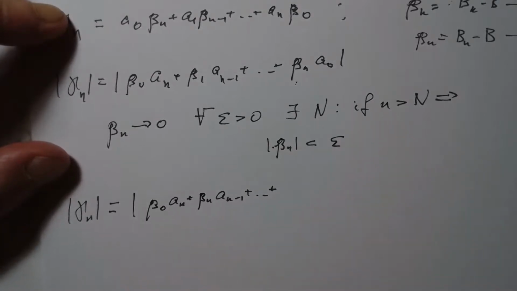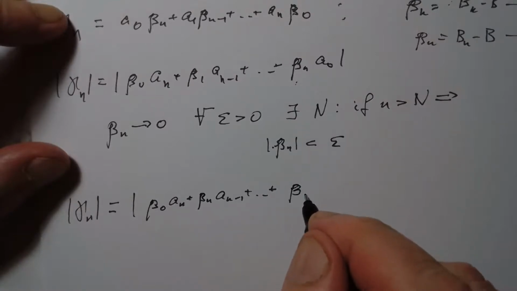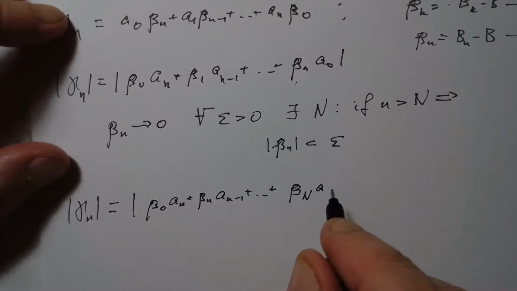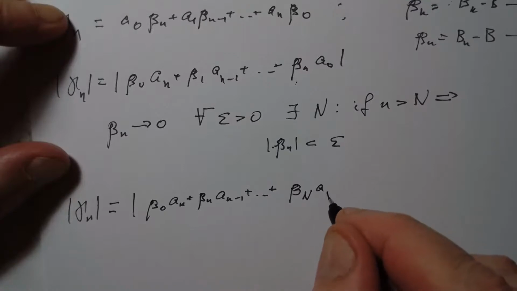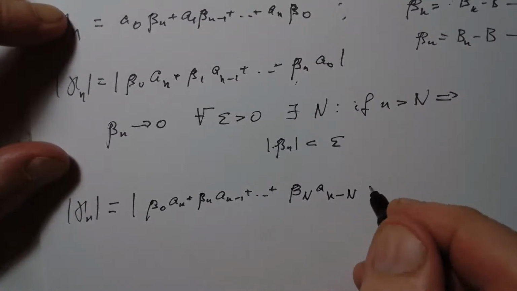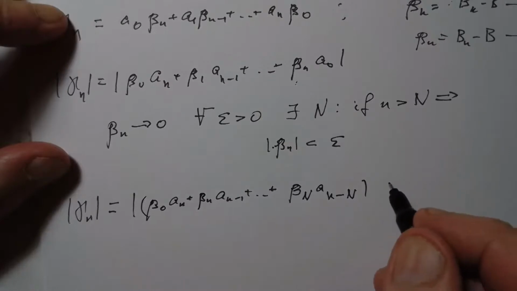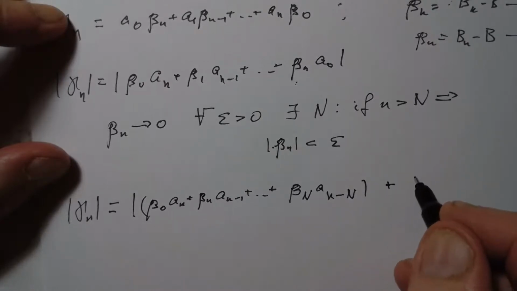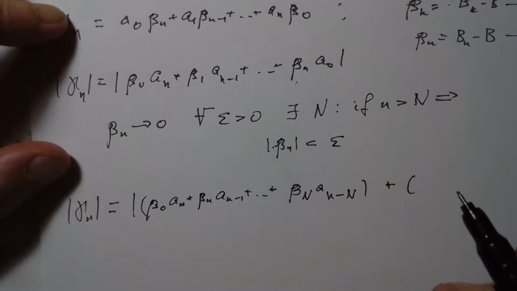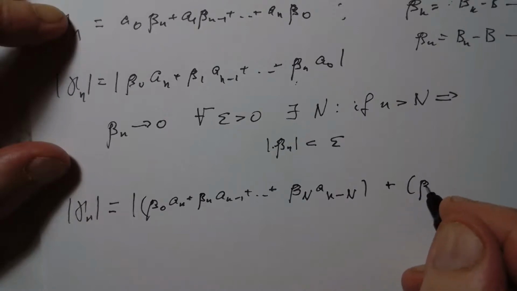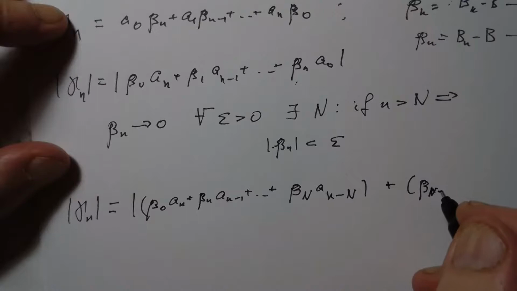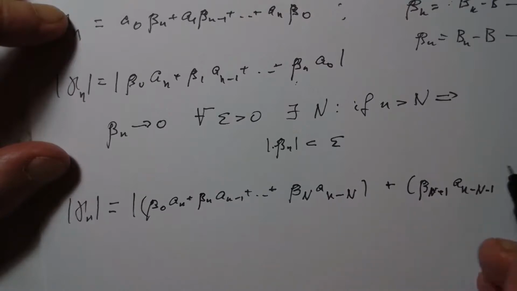I'm going to stop in the middle, and I will say that this is beta capital N a, n minus capital N, and then I'm going to write plus whatever is left here, and what's left is beta N plus 1 a n minus N minus 1, and I will go on like that all the way to the end, which is beta n a naught.